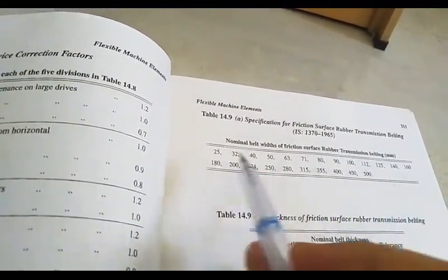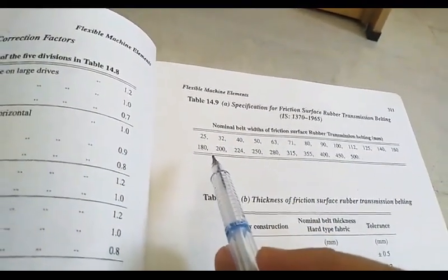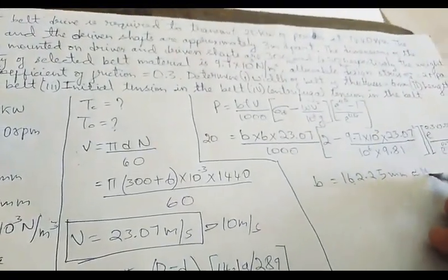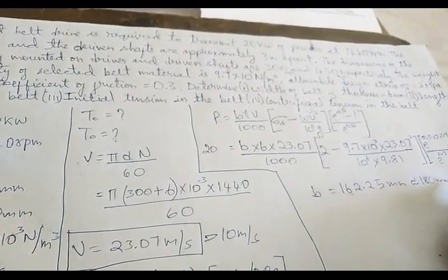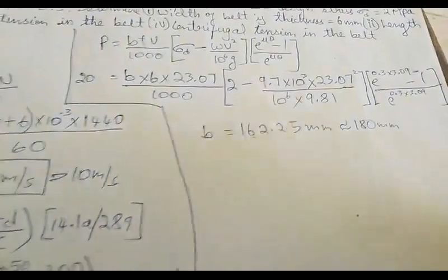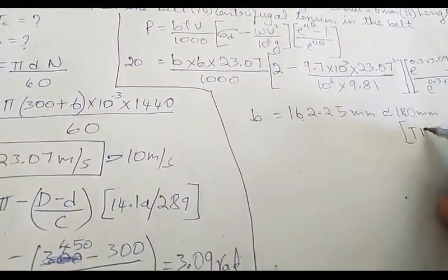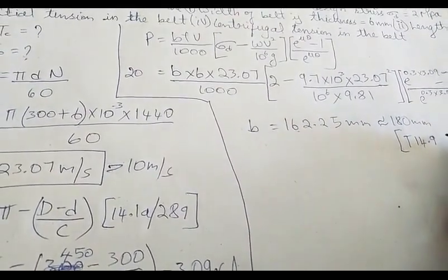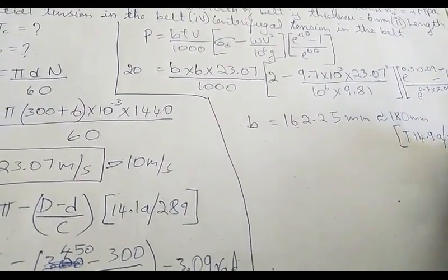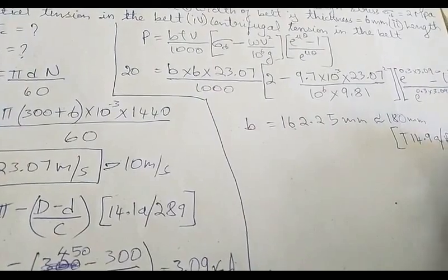So here 160, 180. So we shall consider 180. B is 180 mm. So this is from table 14.9a, page number 311.